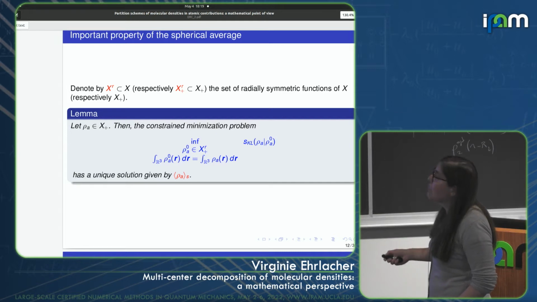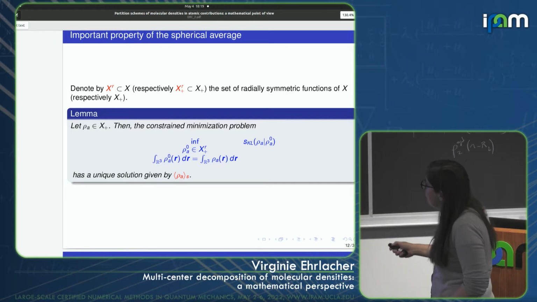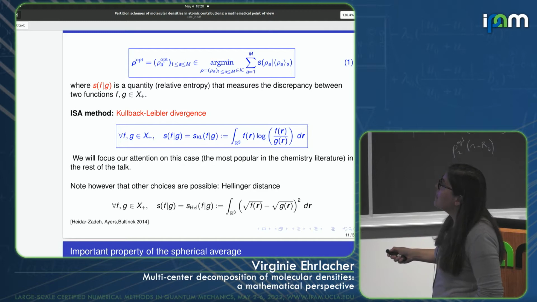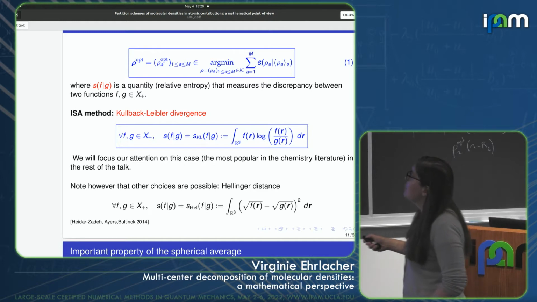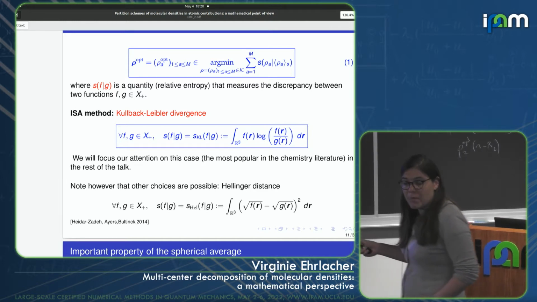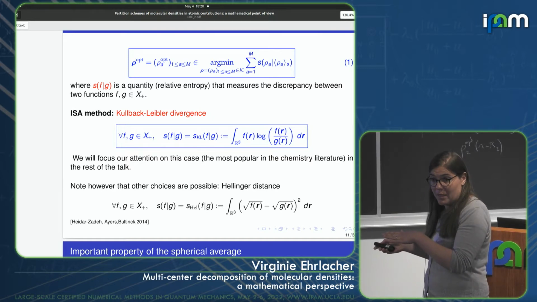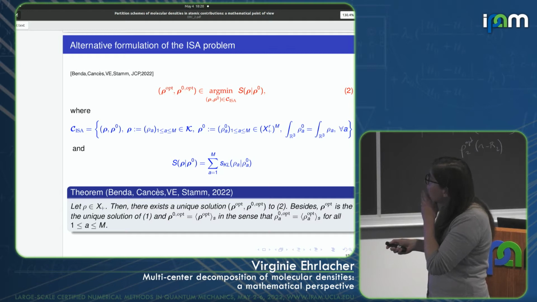Of course, this was done way before we were interested in the problem, but when you make this observation, you can equivalently reformulate the ISA minimization problem in another formulation that is much more convenient for the mathematical analysis, which is the following one.